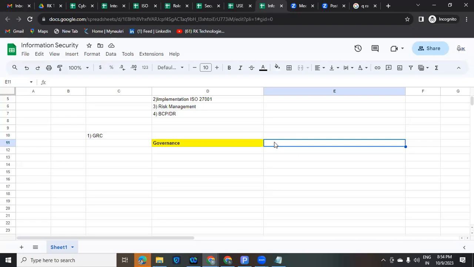For example, in our practical day-to-day life, maybe you want to start a new company or startup. You should not only think about how much profit or how much loss you will get.